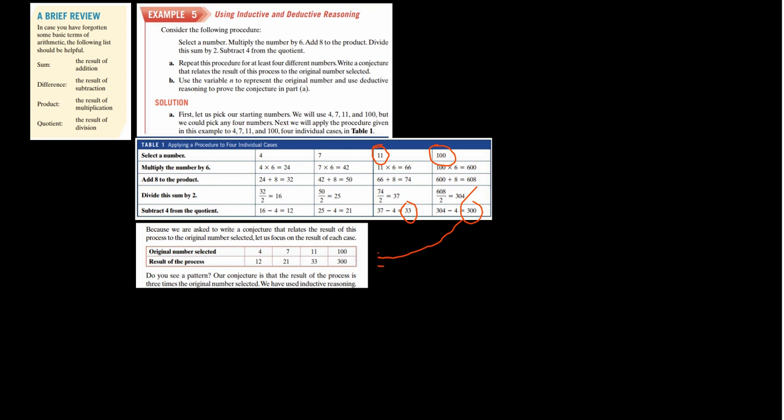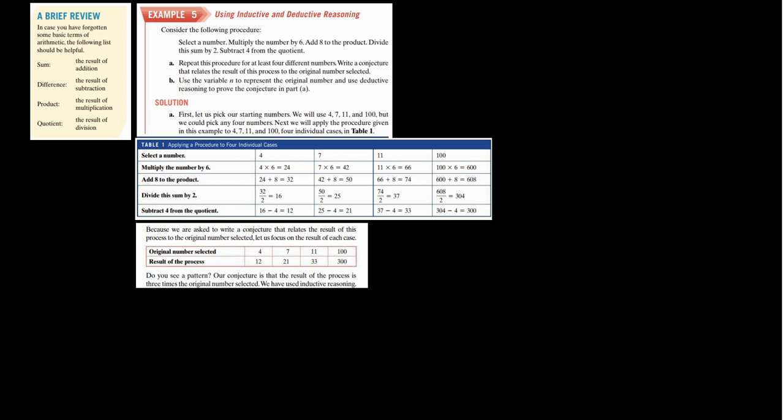So we see that our original numbers selected are 4, 7, 11, 100, and the results of the process are 12, 21, 33, 300. The pattern seems to be that after we do these steps, we are essentially multiplying our original number by 3.